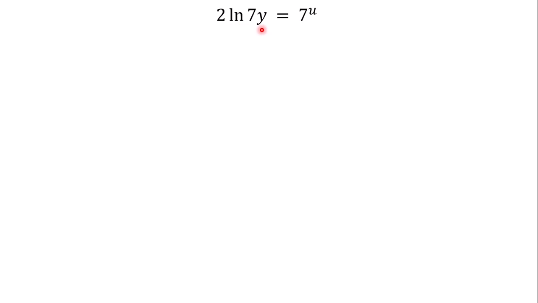When you differentiate, we are going to get dy. 2 ln 7 multiplied by dy gives us 2 ln 7 dy. So 0 plus 2 ln 7 dy gives us 2 ln 7 dy. You see, that is why I told you don't bother yourself using the product rule. Anytime you have to differentiate something of this nature, just put the constant aside, focus on the variable, differentiate it, whatever you get, multiply it by the constant and put down your answer.